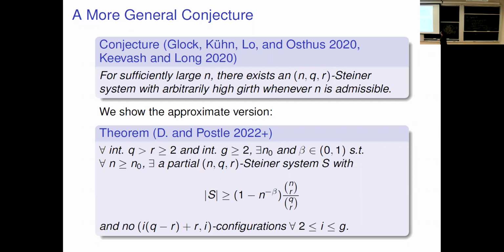And here, the error term, we're very proud of this error term being a polynomial in n because it is what you would need to show in order to show the full conjecture. This is the approximate version that you'd need in order to have a hope of proving the full conjecture. So it would be really nice if this full conjecture were solved.